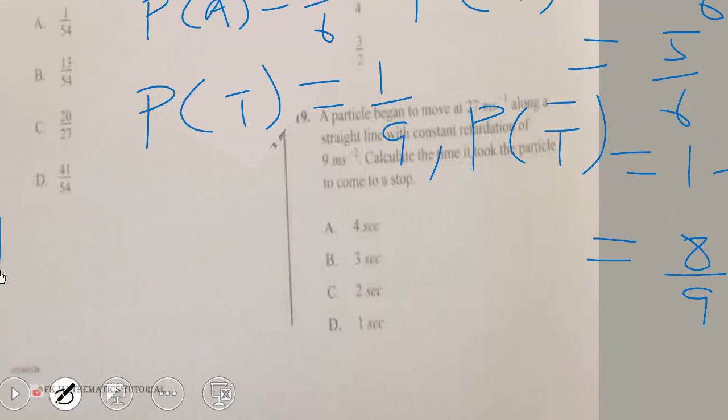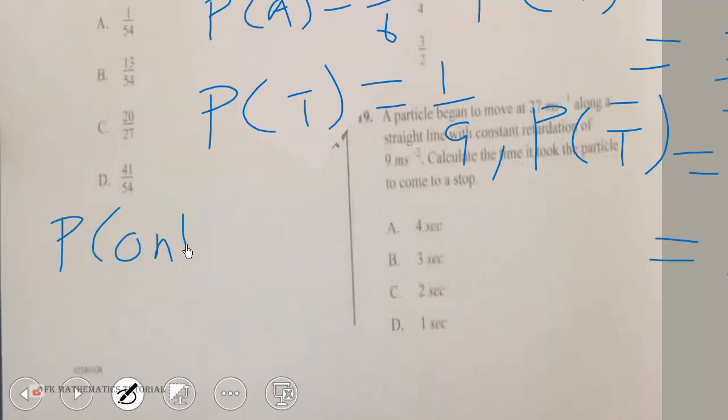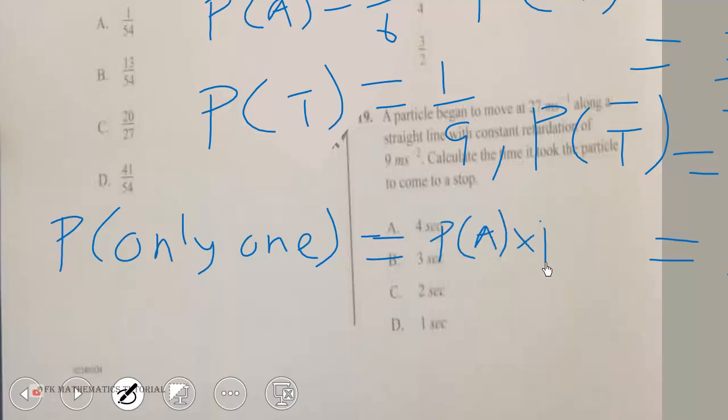So only one means either Atta will hit and Tunde will not hit, or the probability of Atta will not hit and Tunde will hit.